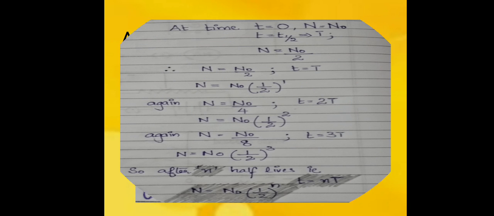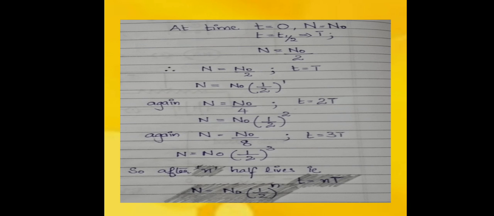Now, in order to find out how many half-lives there are, or how many atoms are present after 2 or 3 half-lives, we have derived an equation. You can see at time t equal to 0, that is the initial case, n becomes n0.